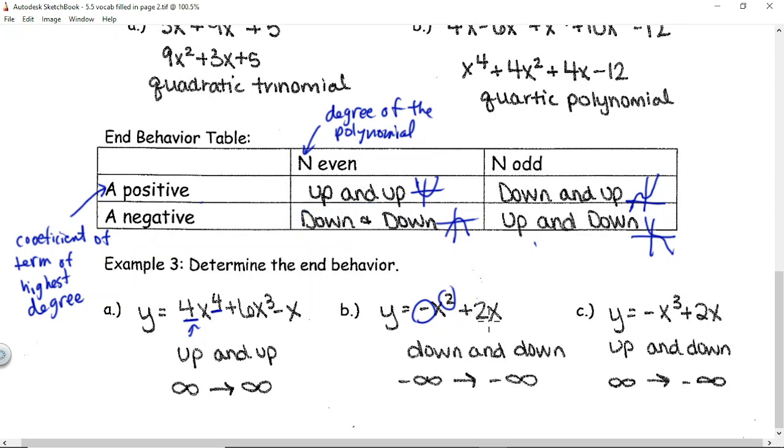And so that's the answer, and this other notation is here as well. As you go to the left, it goes down. That's why we have negative infinity here. And as you go to the right, it also goes down, and the negative infinity means that. Over here we had positive infinity. That's what corresponds with up.